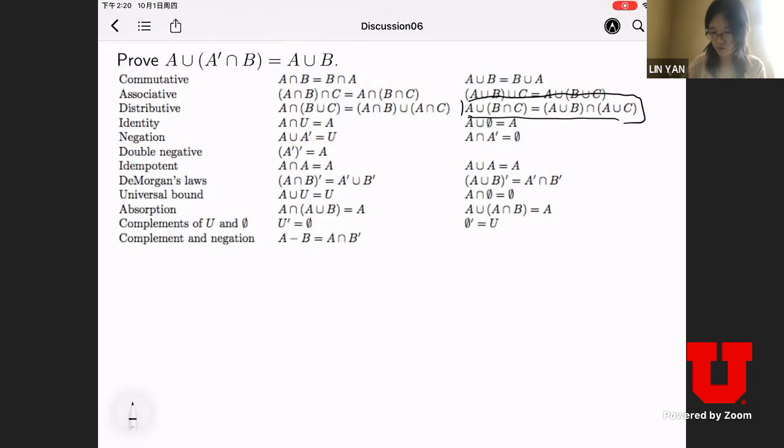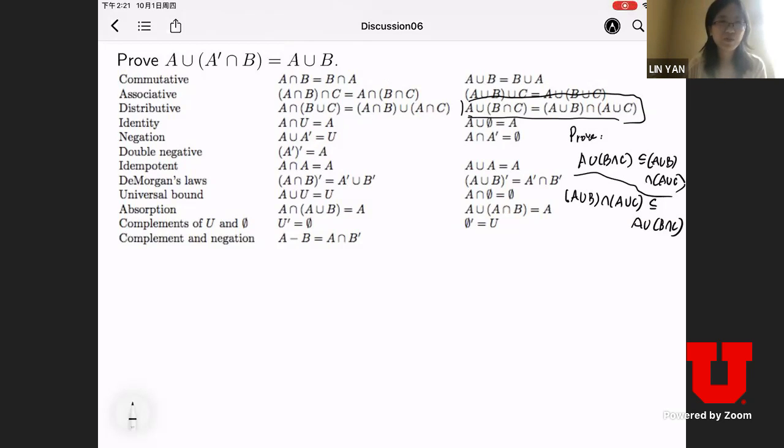Just like this one, if you want to prove these 2 are equal, then you need to prove this, which is what we did in our last question. But you also need to prove the other direction. So if you see a question that asks you to prove like this, please prove it step by step. Don't just cite the equivalence table.